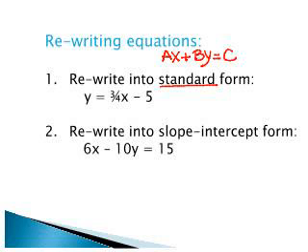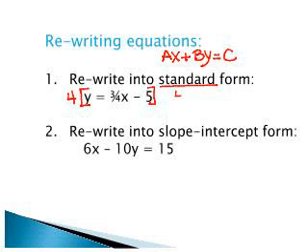So the first thing that we have to do to this equation that's in slope-intercept form is to get rid of the fractions so that a, b, and c are integers. And so to do that, we're going to clear the denominators. We also learned how to do this in Chapter 1. So we're going to multiply it by that common denominator of 4.